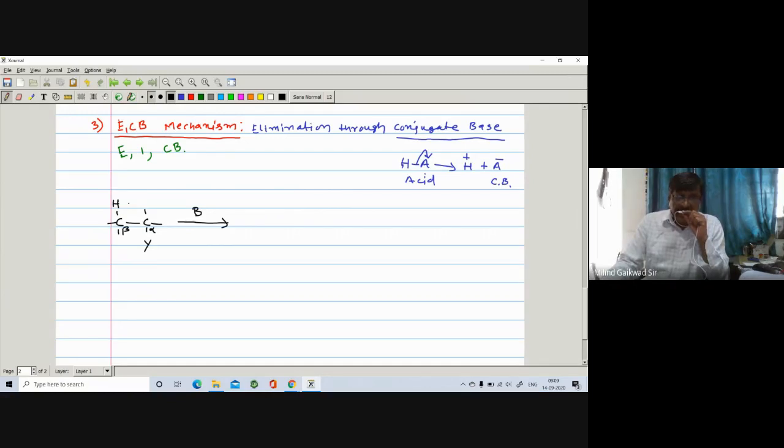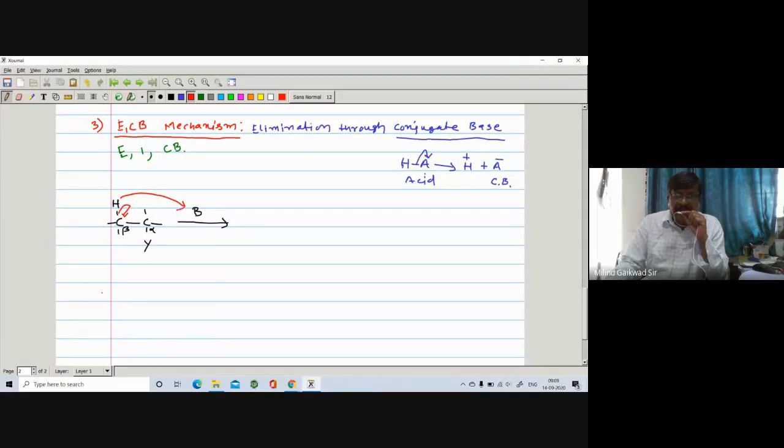So the bond between the C beta H will open on the carbon, and there is a formation of H positive, and this H positive is abstracted by the base.